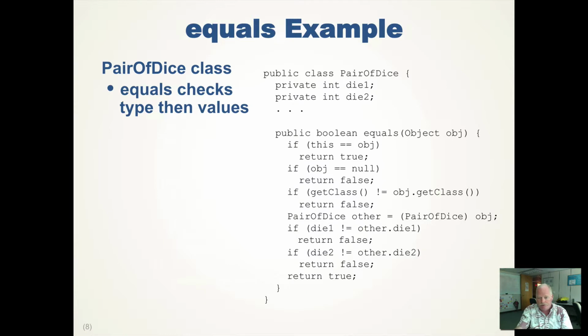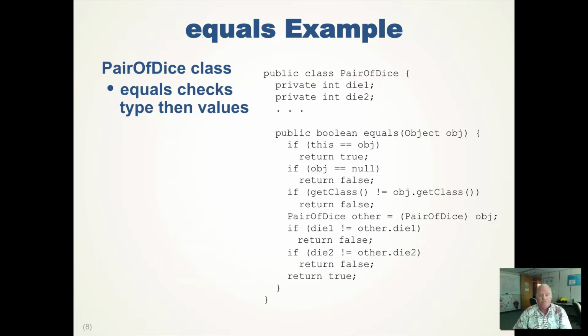Then since once we know they're the same class, we can cast the object into a pair of dice, and now we can refer to the other's values and we compare each value of the die, and if they're not the same we return false, and eventually we've compared everything and then we know these two things are the same, even though they don't refer to the same instance necessarily, but die 1 and die 2 are both the same value.